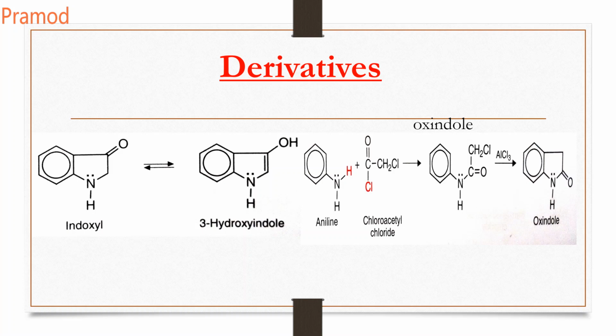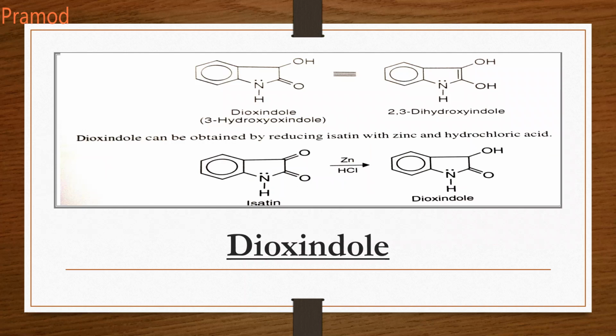It undergoes tautomerism to give 3-hydroxyindole, and 2-hydroxyindole is known as oxyindole. Dioxyindole contains a carbonyl group and OH at the 2 and 3 positions, or dihydroxy groups. These are some of the derivatives of indole.